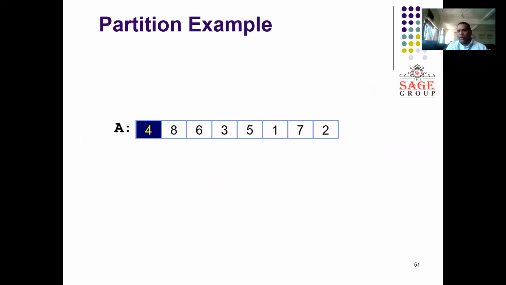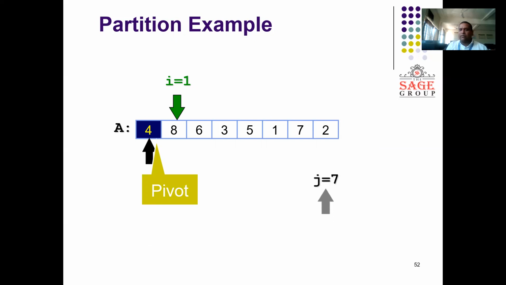Now an example of partition. Here we have an array of 8 elements: 4, 8, 6, 3, 5, 1, 7 and 2. Take the first element as the pivot element, and take two variables, i equals 1 and j equals 7, which indicate the left and right pointers.